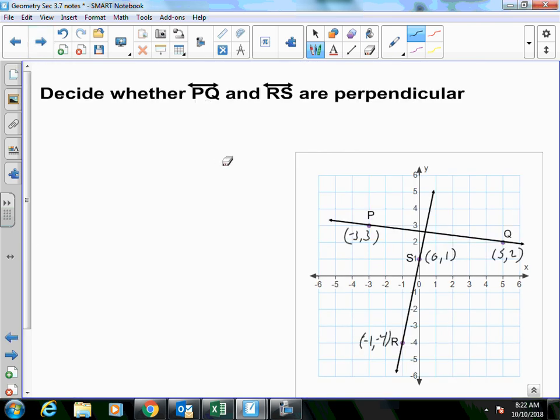So moving on, decide whether line PQ and line RS are perpendicular. So basically, we're going to do the same thing we just did in the last one. Find the slopes, multiply the slopes. If we get -1 for our product, then we know that they're perpendicular.